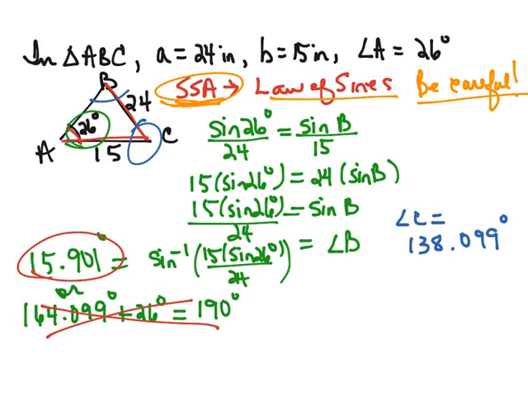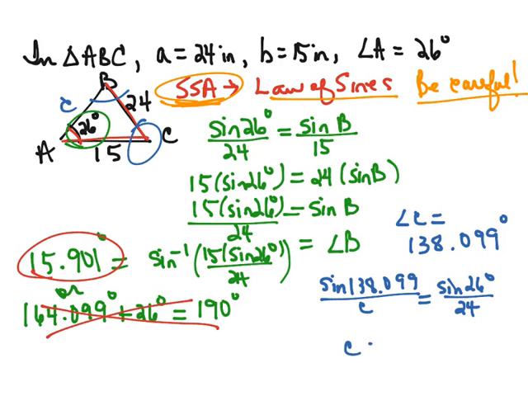And now that we know angle C, we can go back in our triangle and find side C. So the sine of 138.099 divided by side C would equal the sine of 26 divided by 24.